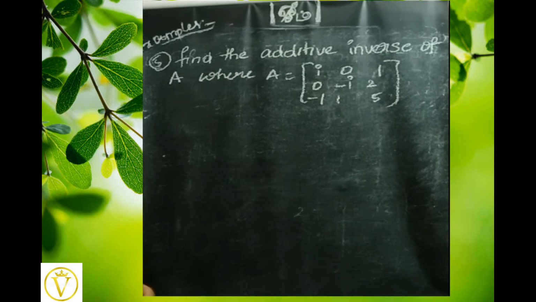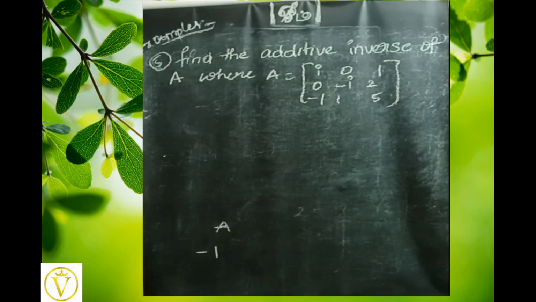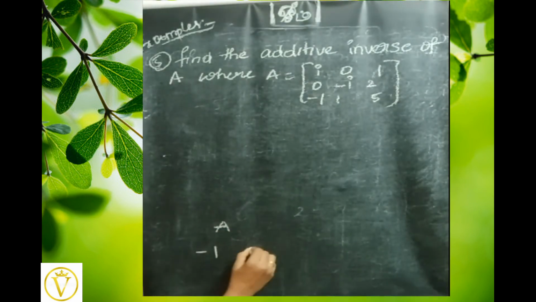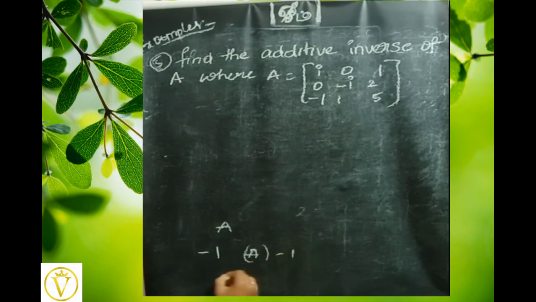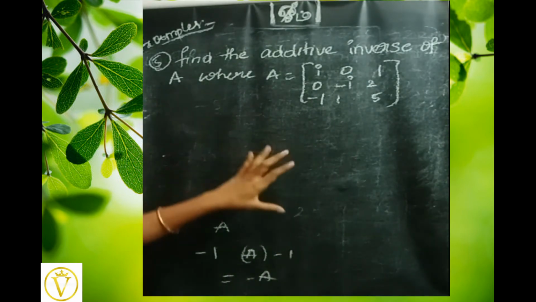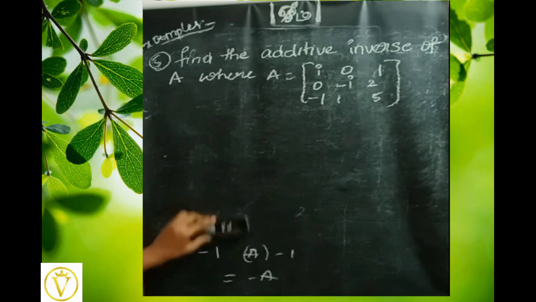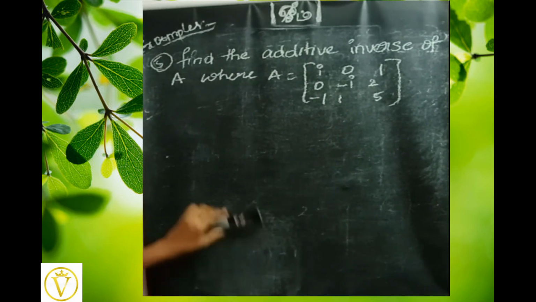Whatever the value, for example, if they have given the value A, we have to multiply with minus 1. That means A into minus 1 equals minus A. Whatever value they have given, we have to multiply the whole with minus 1. Very simple. Additive inverse means nothing but multiply with minus 1.